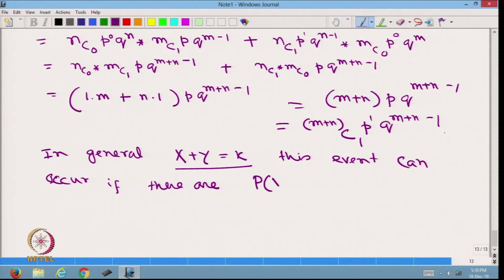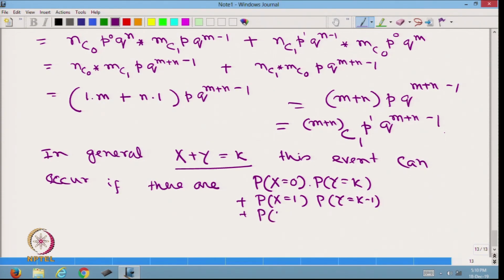So, we can write it as probability x is equal to 0 into probability y is equal to k, plus probability x is equal to 1 into probability y is equal to k minus 1, plus probability x is equal to 2 multiplied by probability y is equal to k minus 2, up to probability x is equal to k into probability y is equal to 0.